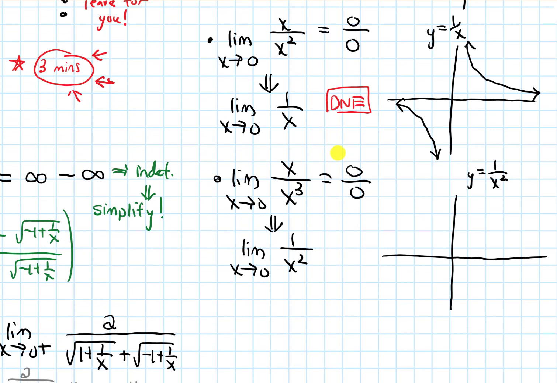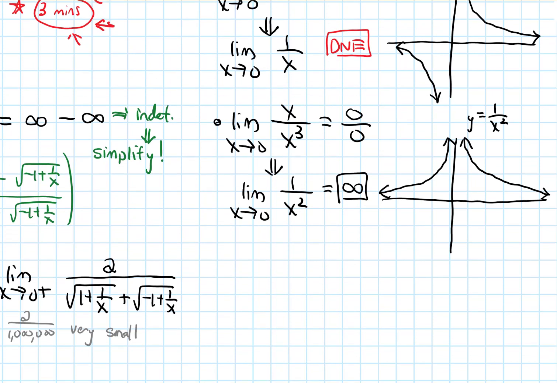If I graph this, it's similar to the graph of 1 over x, except there's one piece here and one piece here. It's a little bit skinnier than the graph of 1 over x. That's a little bit harder to show while I'm graphing it by hand here. But both of the pieces go up to infinity as x gets close to 0. So I can see that this limit is going to be infinity from this graph.